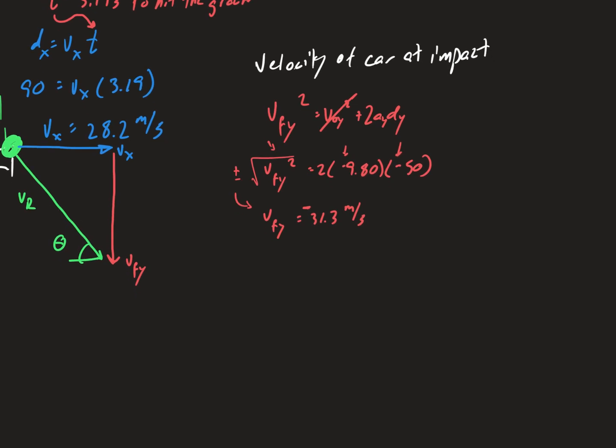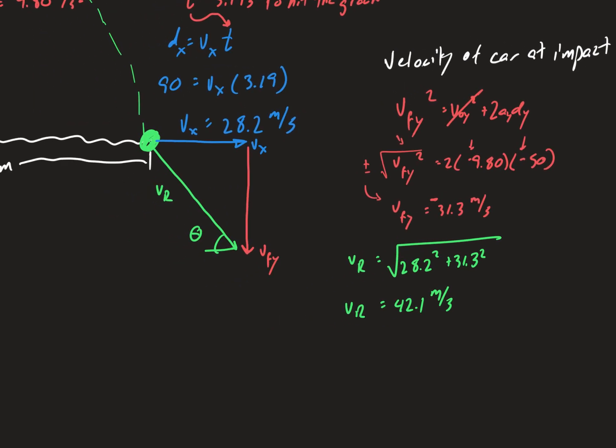Our good friend Pythagoras lets us know that the resultant velocity is going to be the square root of 28.2 squared plus 31.3 squared. That's the x and the y direction. The resultant ends up being 42.1 meters per second. That is this guy right here. And then the angle of impact, the angle at which the car is hitting the ground.